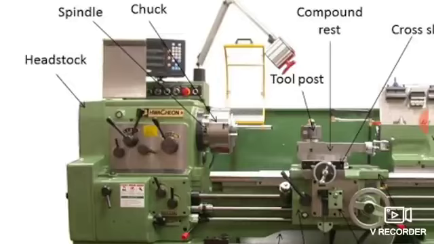Now there are different types of chuck, like 3-jaw chuck, 4-jaw chuck, depending on the number of jaws. Even there is a type of magnetic chuck also. So depending on its function or depending on the number of jaws, there are various type of chuck, and chuck is basically used for holding the workpiece.